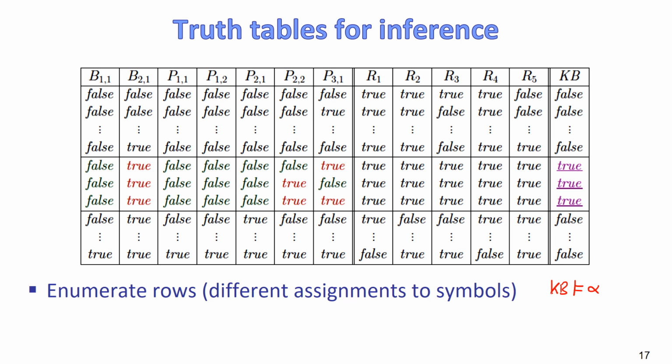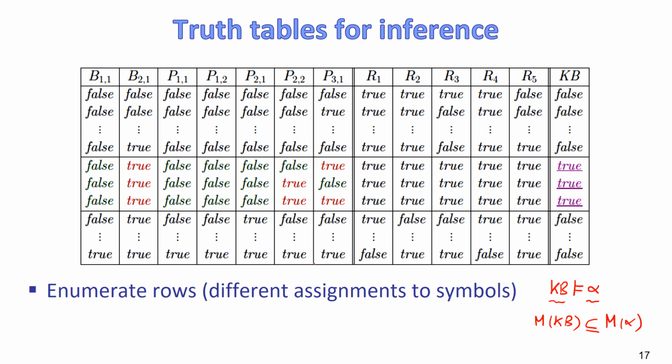The first one is that whenever the knowledge base is true, alpha has to be true. We call the models in which the knowledge base is true the models of the knowledge base. So in these models, alpha has to be true. That's the second definition: the models of the knowledge base have to be a subset of the models of alpha.